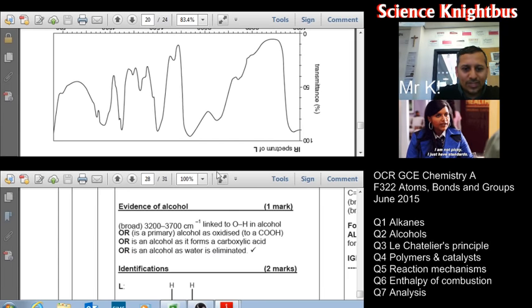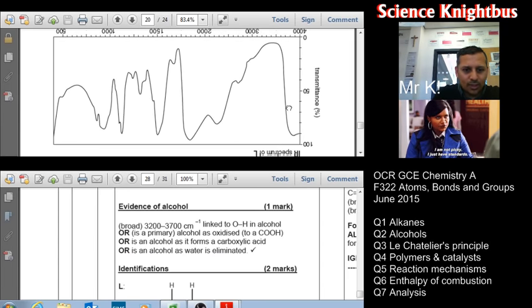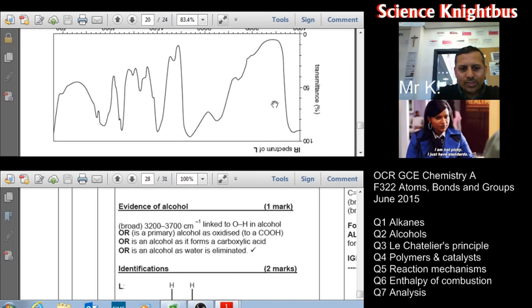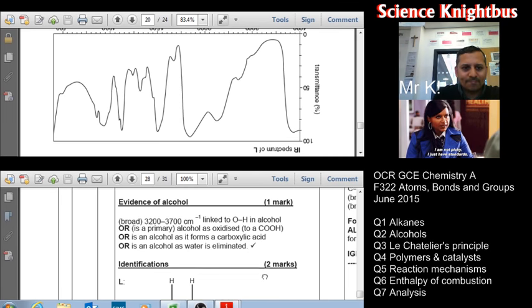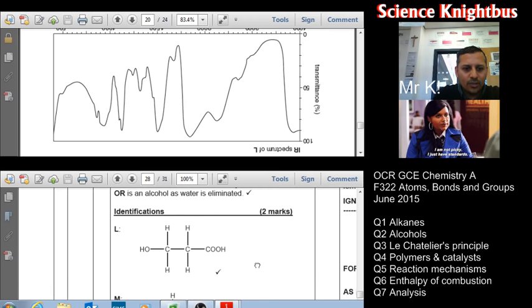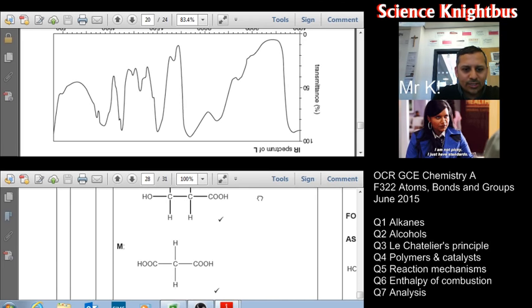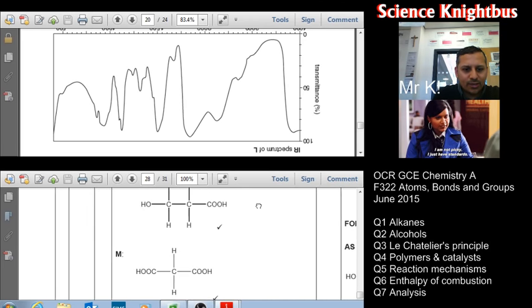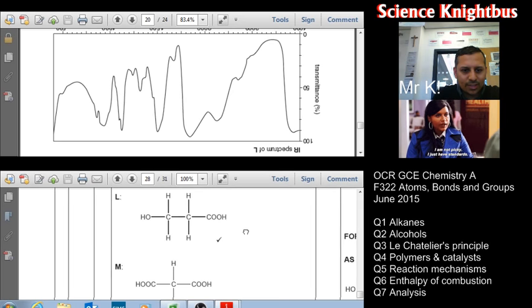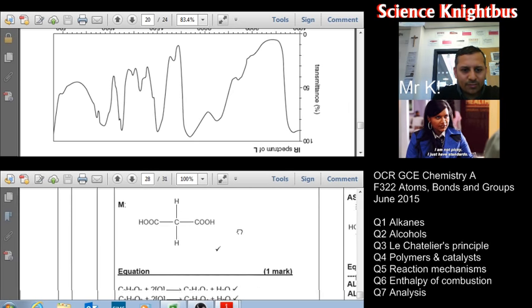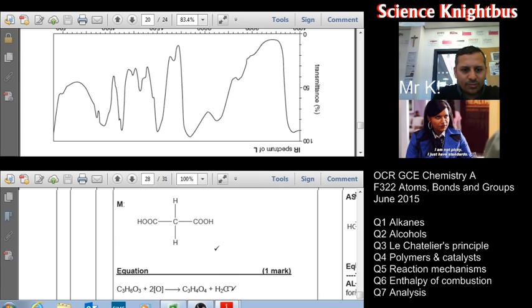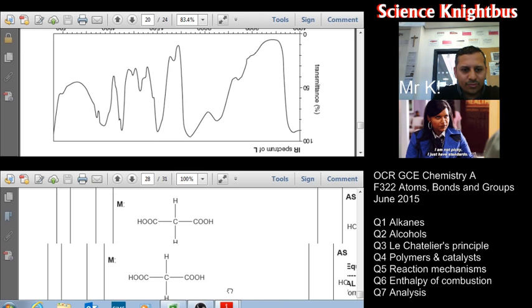It's a primary alcohol as it's oxidized, or it's an alcohol as it forms a carboxylic acid. Okay. Identification. So you can then identify it as being the dicarboxylic acid. There you go. It's at either end. Remember, that one will oxidize all the way through because it's a primary alcohol.